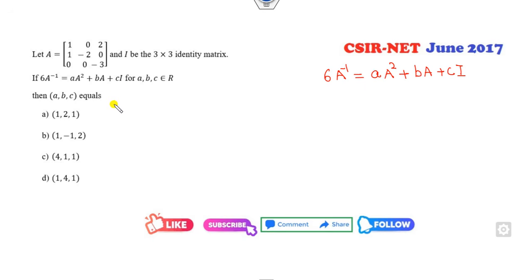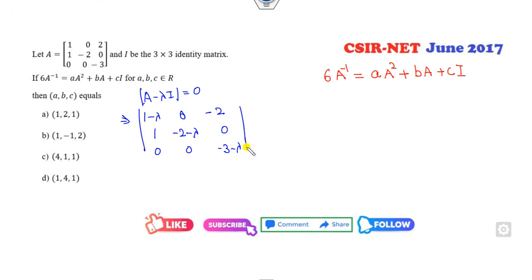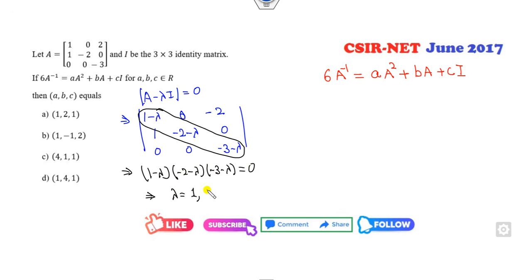Fine. Now how can you find the eigenvalues? Start with determinant of A minus lambda I is 0. So that means 1 minus lambda, 0, minus 2, 1, minus 2, and minus 3 minus lambda. Clearly if you expand them, because of the minus 2 it will be 0 minus 0, so the eigenvalues are 1, minus 2, minus 3.